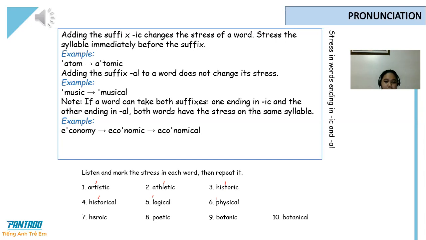Historical. 5. Logical. 6. Physical. 7. Heroic. 8. poetic. 9. Botanic. 10. Botanical.